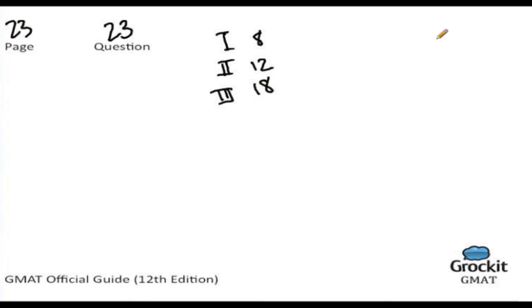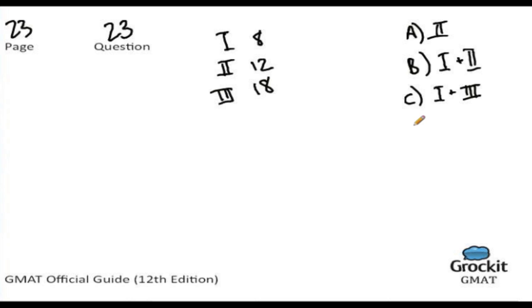Our answers are then, choice A is Roman numeral 2 only, choice B 1 and 2, C is 1 and 3, D is 2 and 3, E is 1, 2, and 3.